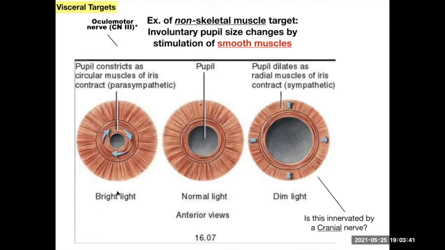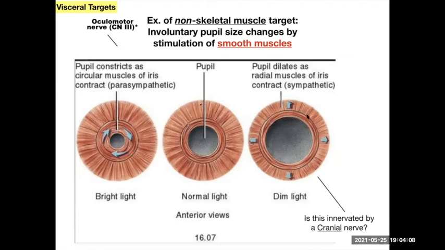This happens automatically. You can't control it. When somebody shines a light in your eye, your pupils just automatically contract because it wants to shut down the amount of light, which can damage it and make it harder to see eventually. So by contracting these muscles, you're decreasing the amount of light. Again, you can't do it voluntarily.